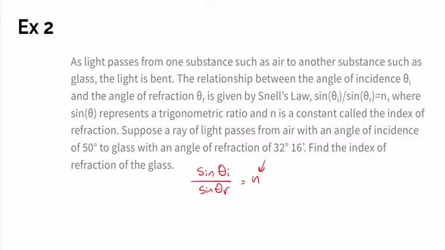So that's going to be equal to sine of the angle of incidence, 50, over sine of the angle of refraction, 32 degrees and 16 minutes. We can't put 16 minutes into our calculator, so we're going to convert this to decimal degrees. All right, 32 degrees plus 16 over 60.